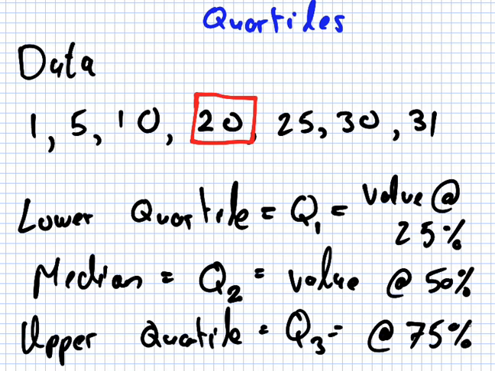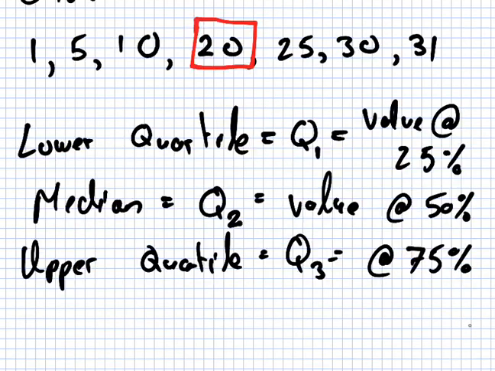But there is a small issue which I deliberately didn't mention yet. That is a problem with this set of data. And I'll do this one again, and then we'll talk about what the problem is. So we'll have 1, 5, 10, 20, 25, 30, 31.